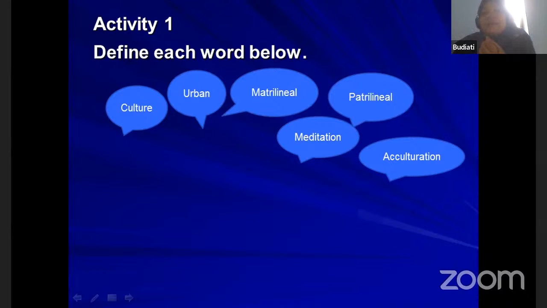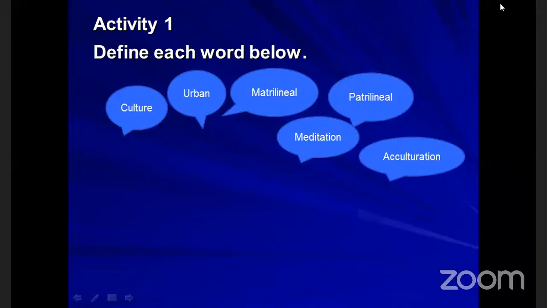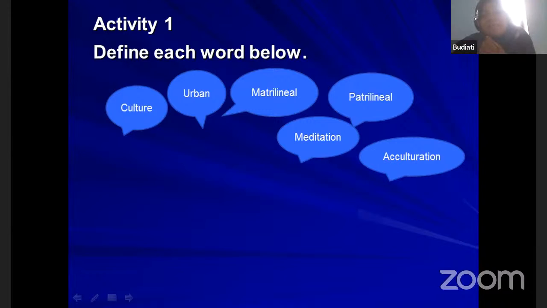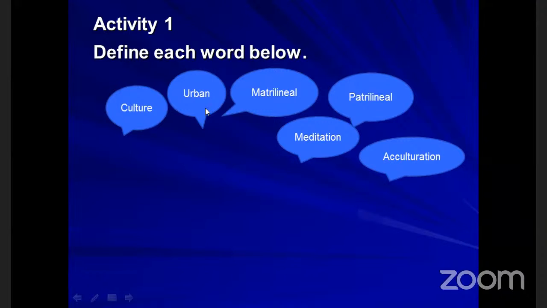So what is acculturation? Is it the process of different culture assimilation, ma'am? I guess it's like different culture that turns into one culture. Yeah, this is from other cultures to some culture, we call it the acculturation, but different from assimilation.